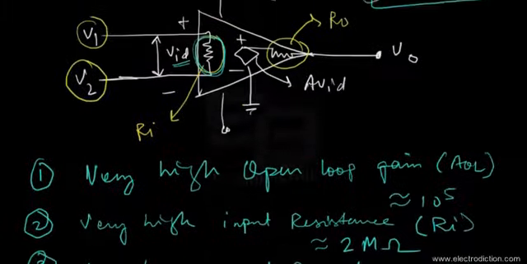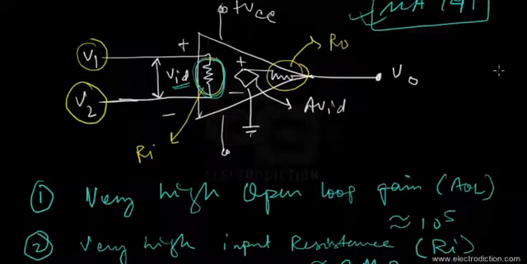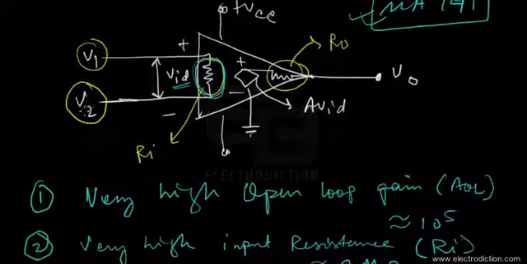Other than that, if there are certain voltage components in V1 that are absent in V2, the op amp amplifies that pretty well. Similarly, voltage components present in V2 and absent in V1, the op amp also amplifies pretty well.